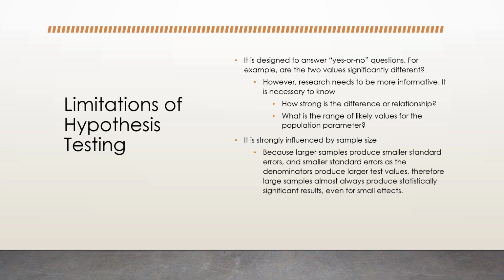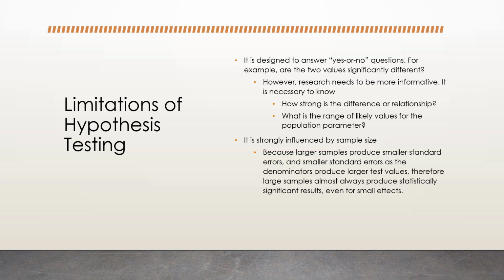Despite its popularity, hypothesis testing has 2 major drawbacks. First, it forces a yes or no decision, significant or not. But researchers often want more information, such as the strength of the effect or the range of likely values. Second, it's strongly influenced by sample size.